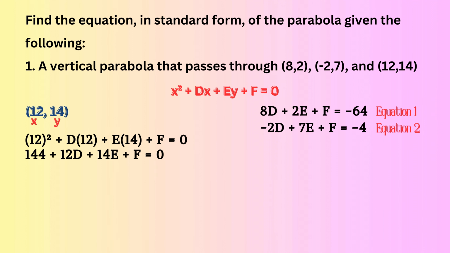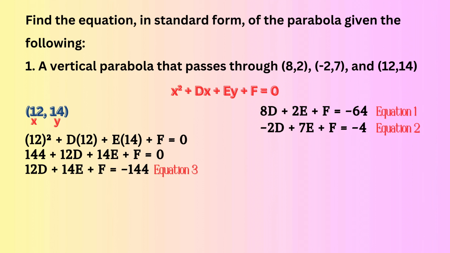Then, this becomes 144, plus 12d, plus 14e, plus f, equals 0. Transposing 144 to the left side of the equation, we will have our third equation, 12d, plus 14e, plus f, equals negative 144.